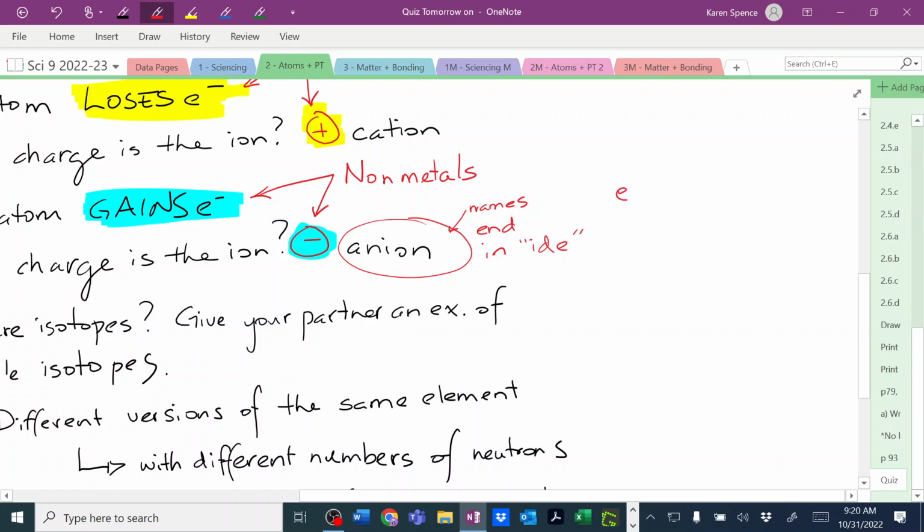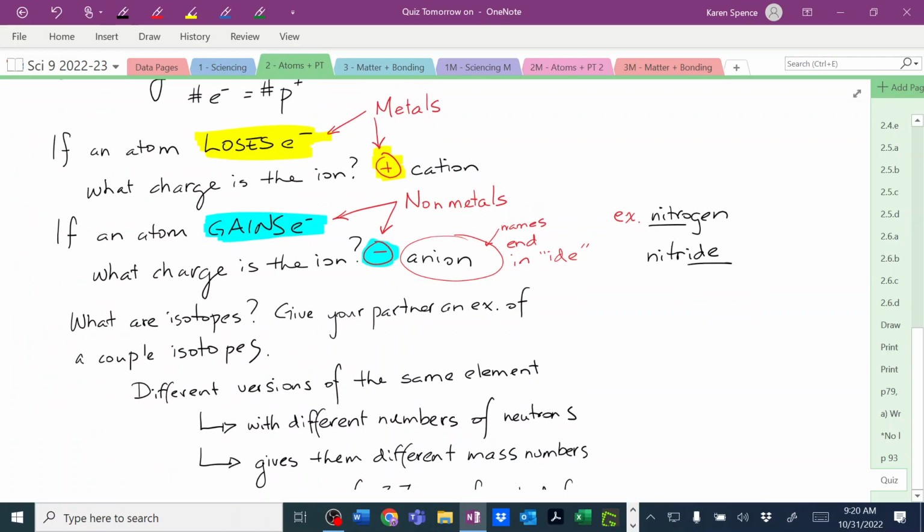So nitrogen becomes nitride. Well, if you prefer, you can say that the ion name has to have 2 syllables. However you can remember it best. And in fact, "niide" would sound really weird, right? Niide does not work.